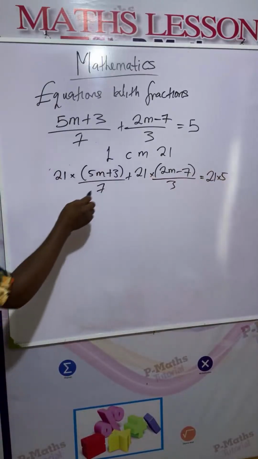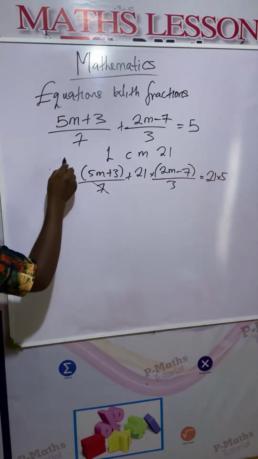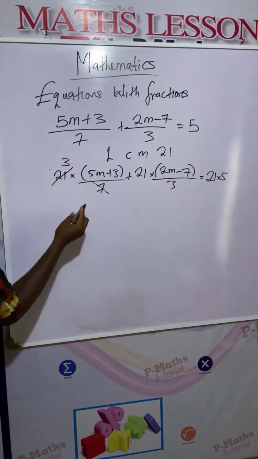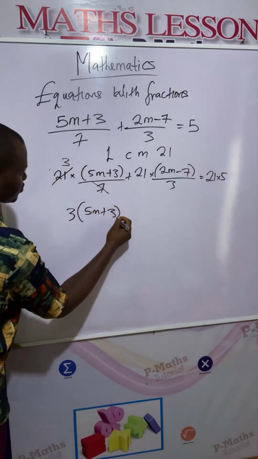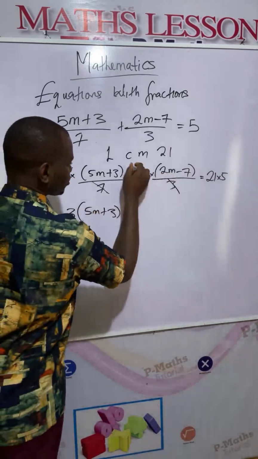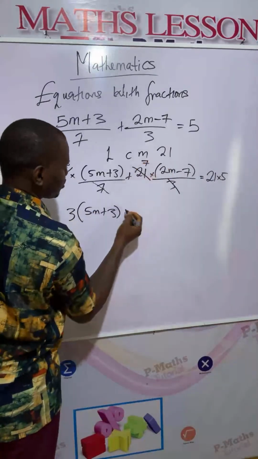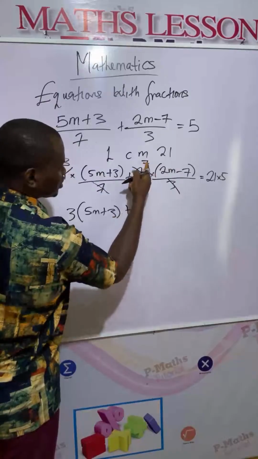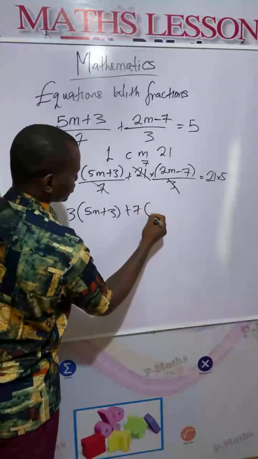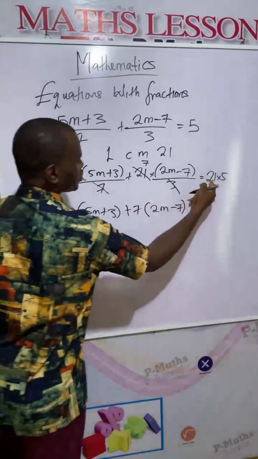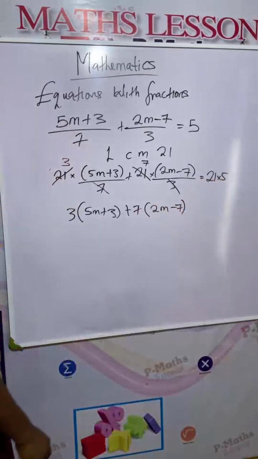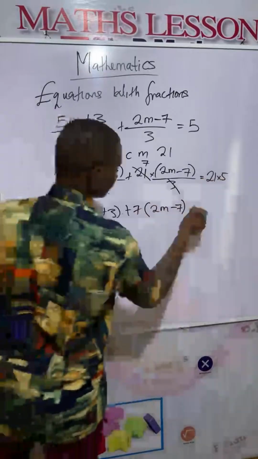Let's simplify. 7 will divide 21 to give us 3. You bring down 3 times 5m plus 3. Now 3 divides 21 to give you 7. So 7 will bring down this. Over here, 21 times 5 should give us 105.